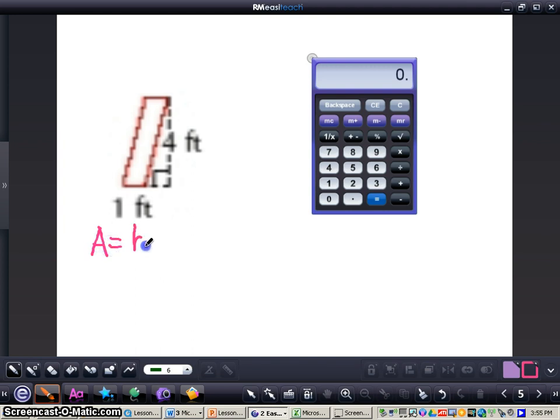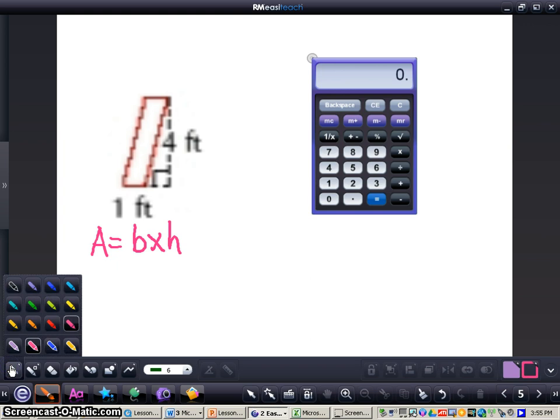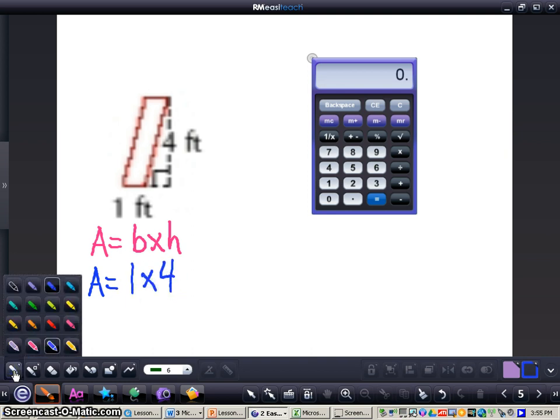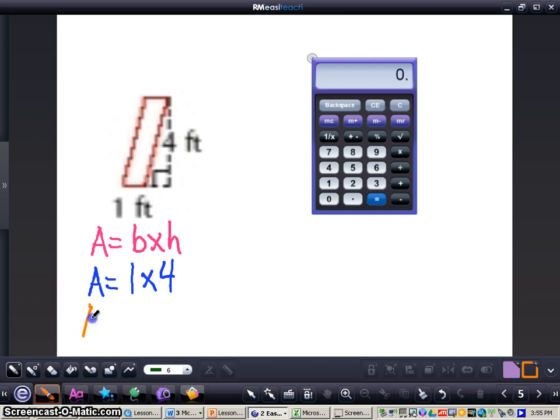Area equals B times H. And then the next step, we want to write the numbers plugged into the formula. Area equals 1 times 4. This one is pretty easy here. And then finally we have A equals 4 feet squared.